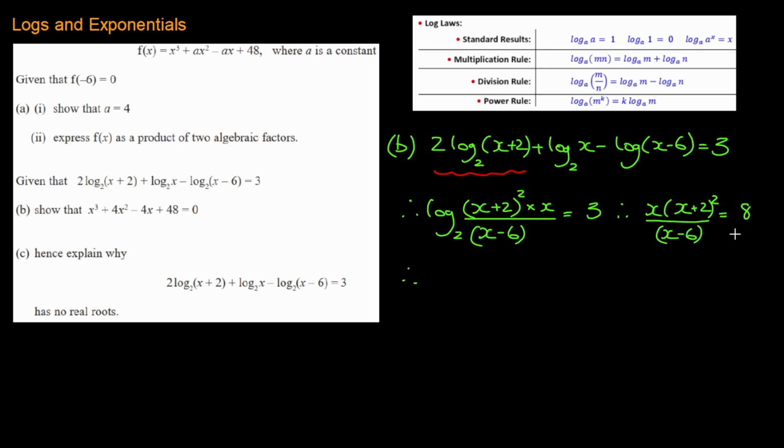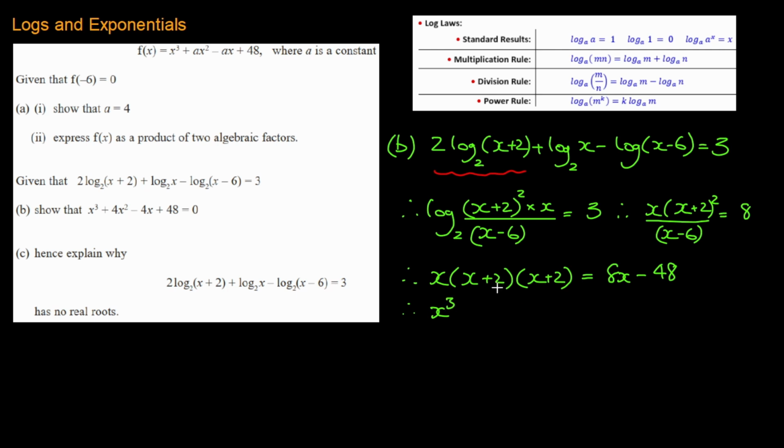Okay, multiplying through by x minus 6, I get x plus 2, and I'm going to write that twice because I know I'm going to be multiplying out, is equal to, and I'll multiply this out, so I get 8x minus 48. Multiplying these brackets out and each term multiplying by x, I get x cubed.